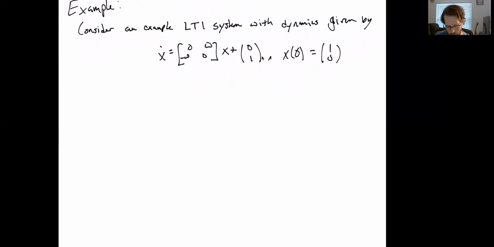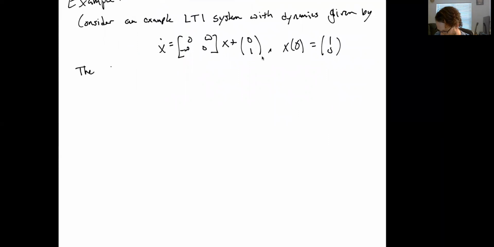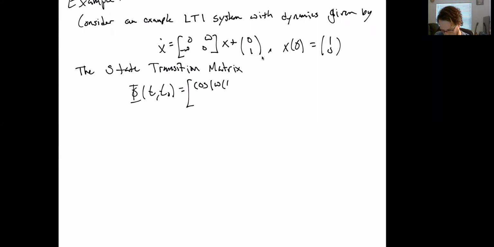Okay, great. So the state transition matrix for this system is equal to phi of t, t naught is equal to [cosine omega (t minus t naught), sine omega (t minus t naught); minus sine omega (t minus t naught), cosine omega (t minus t naught)].